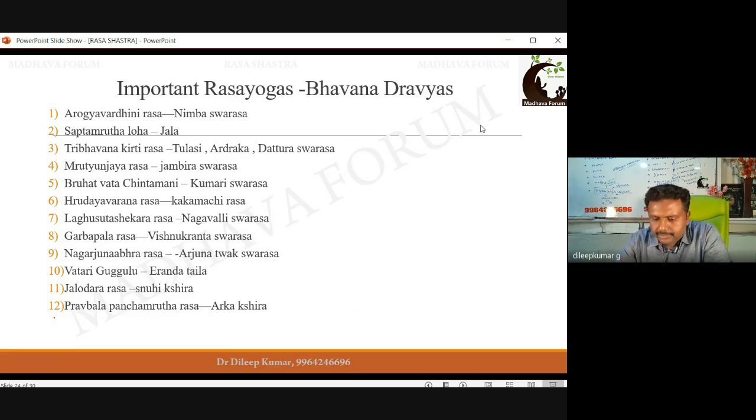The main indications are Amla Pitta, Parinama Shula, Atisara, Udara Shula. It also contains Varatika.